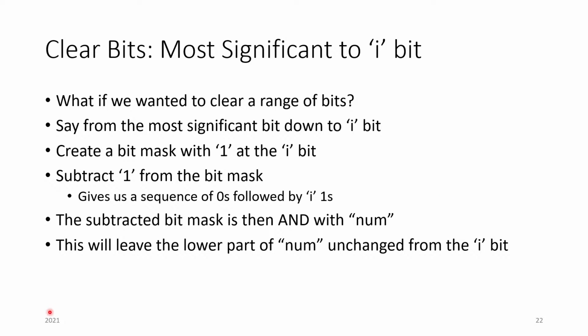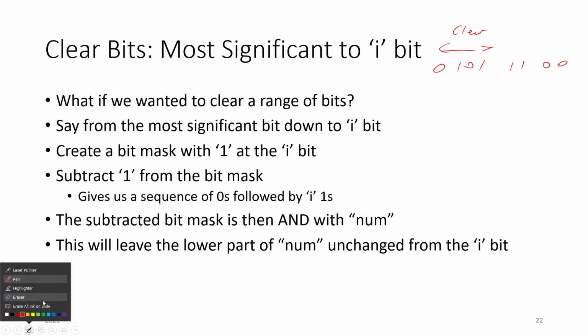So to give an example of this, let's just put a random value here. Let's say 0, 1, 0, 1, 1, 1, 0, 0, and let's say we want to clear the first 4 bits here. Actually, no. Let's leave it as that.